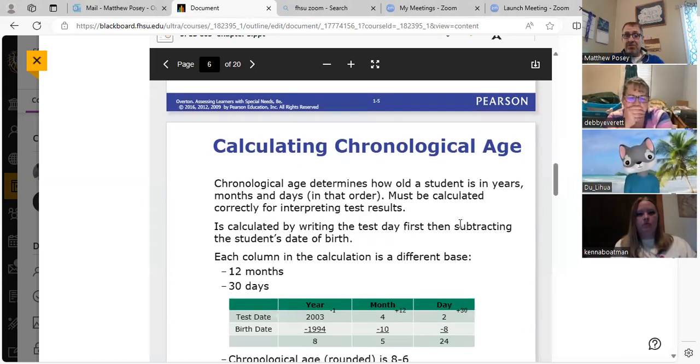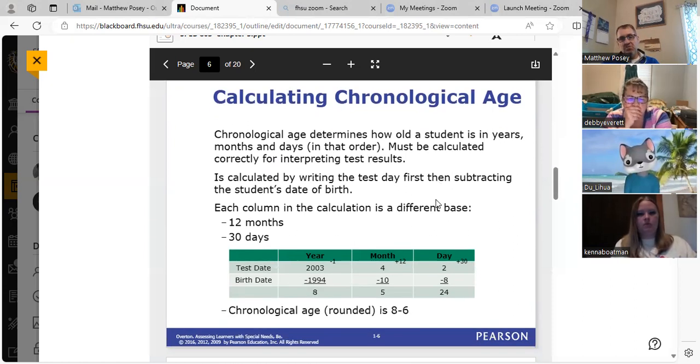Okay, we talked about their chronological age. A lot of times you'll see this at the header or the front page of those reports. So this kind of explains the process of how to do it by hand. For all these normed assessments, if you're an examiner coming in, we plug in their information and the software does the calculation for us. Thankfully.